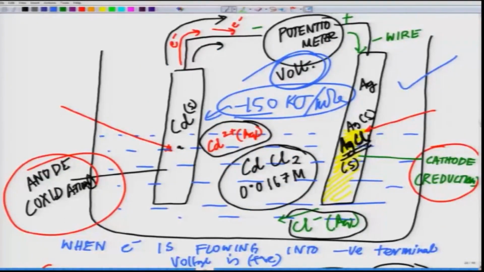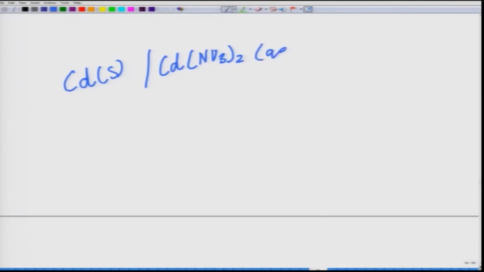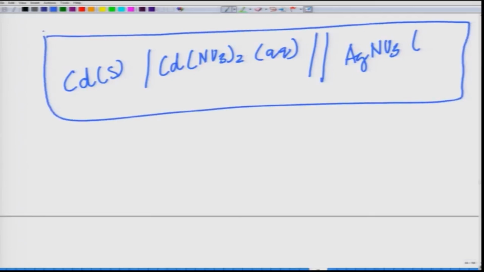Now, if we talk about the current reaction, then this will be Cd solid, Cd NO3 2 aqueous. Now, here is the salt bridge, AgNO3. Let us write the line notation for it, where you have cadmium solid, cadmium nitrate.